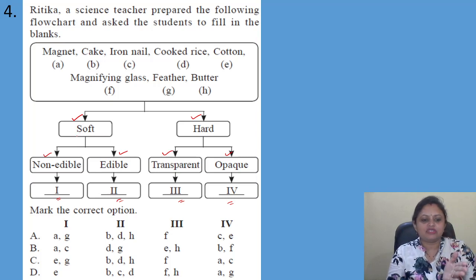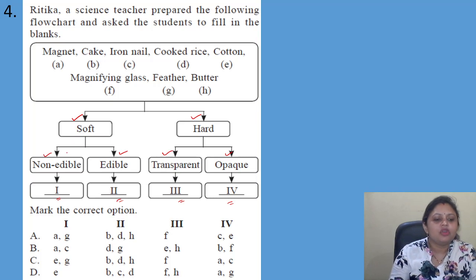Those soft substances which are present above, we have classified them into two types, non-edible and edible. Here the non-edible things are soft but non-edible.